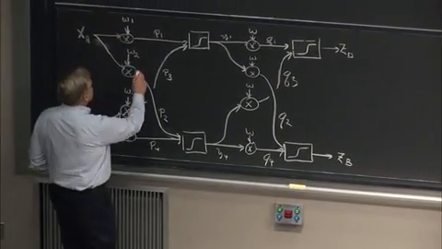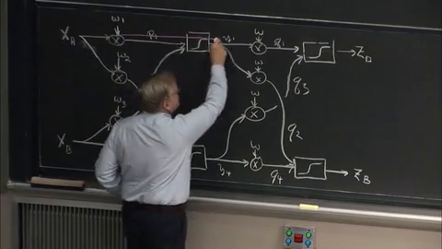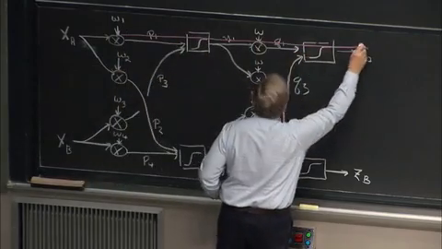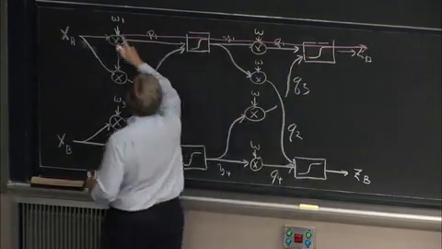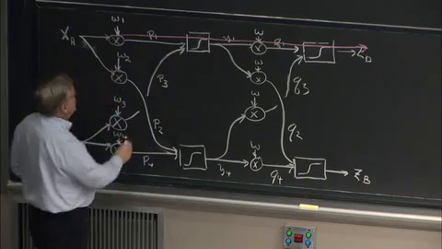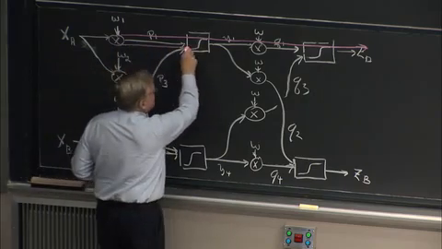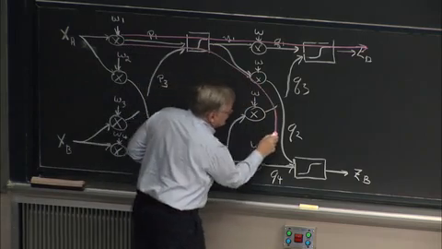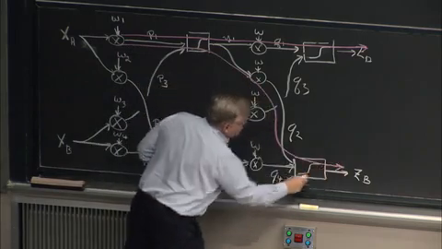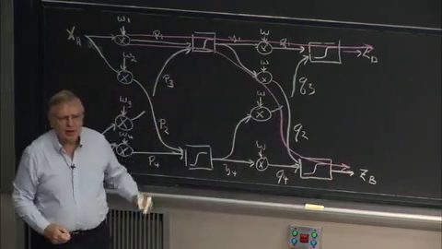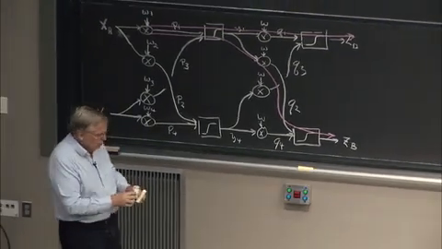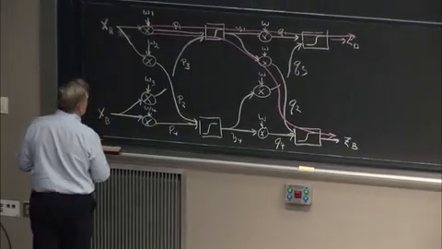And what I've calculated is the dependence of the performance on W1 going that way, and I've also calculated the dependence of performance on W1 going that way. So that's one of the equations I've got down there.